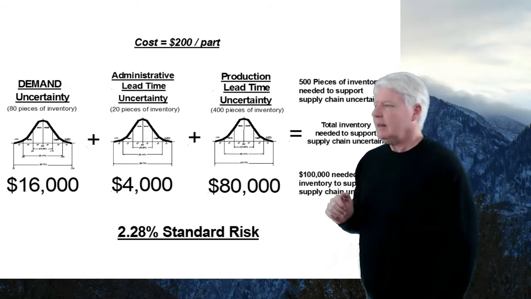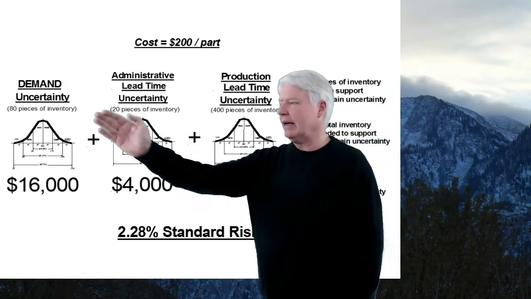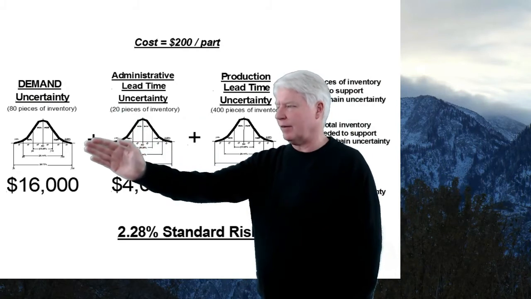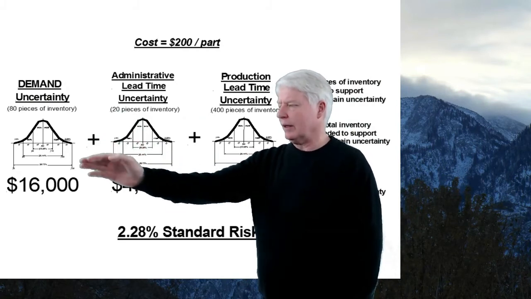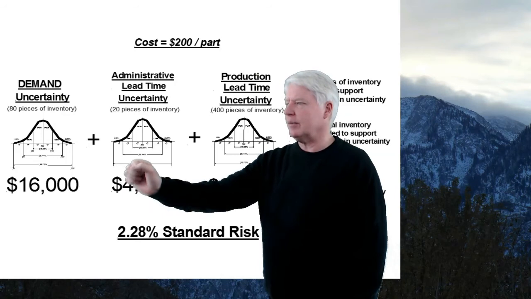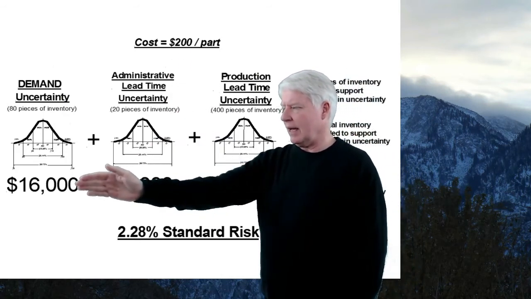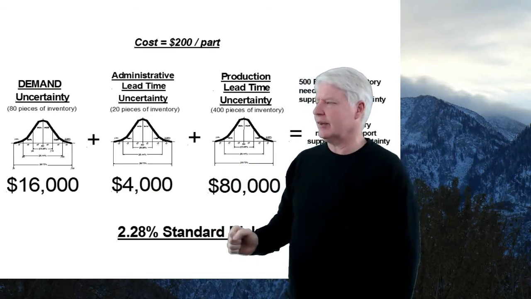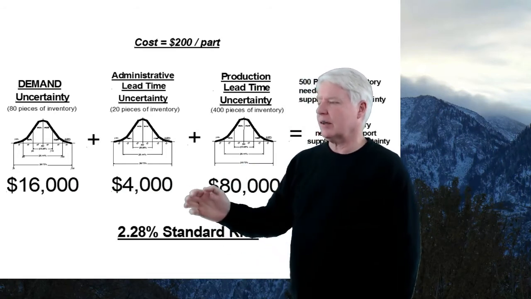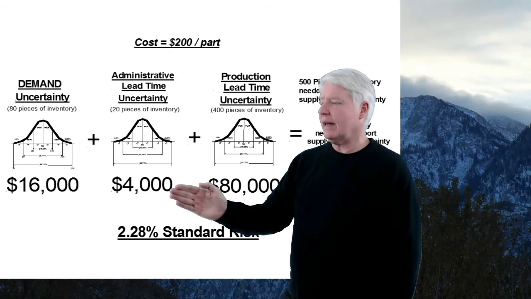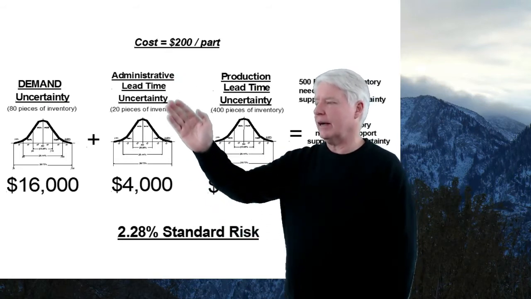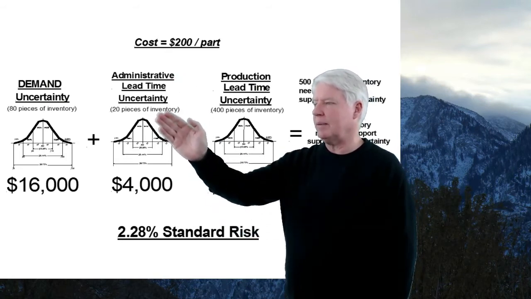It really could. So anyway, I've determined that for demand uncertainty, I need 80 pieces of inventory for the 2.28% risk. That's going to cost me $200 per part. So 200 times 80 gives me $16,000 that demand uncertainty is costing me in inventory. And then $4,000 for administrative, because remember that was 1 day, 20 pieces per day.